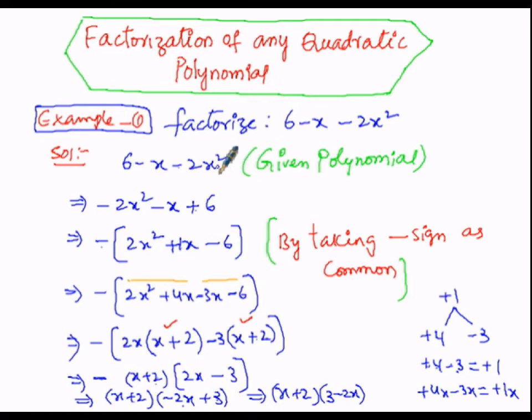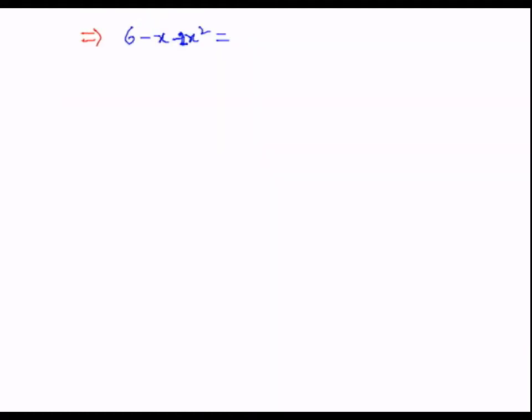So that implies 6 minus x minus 2x square is equal to x plus 2 into 3 minus 2x. So here the factors are: x plus 2 is one factor, then the other factor is 3 minus 2x.